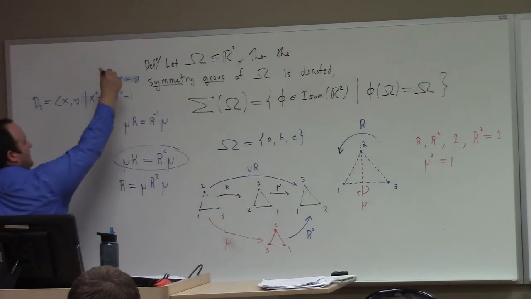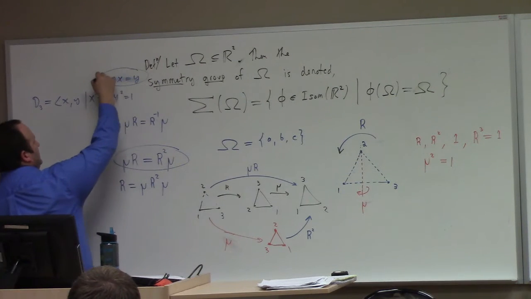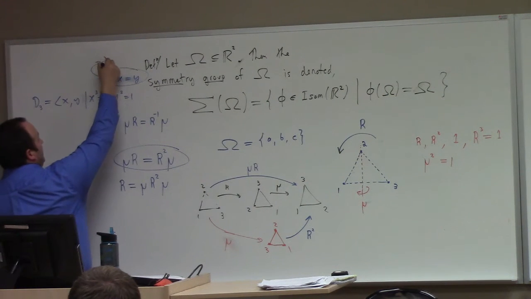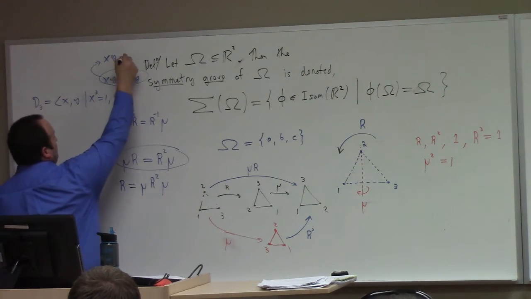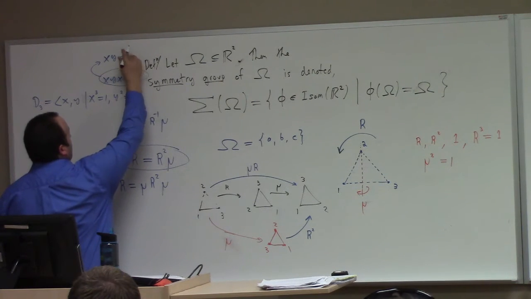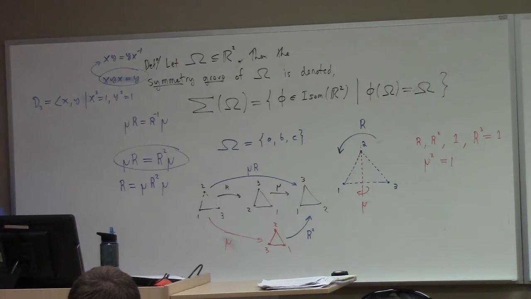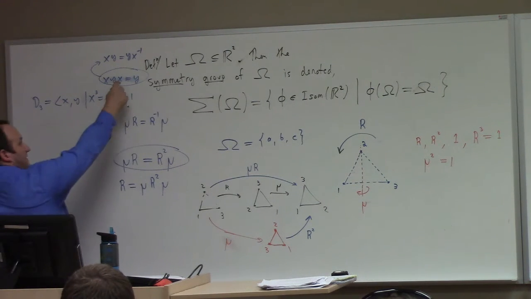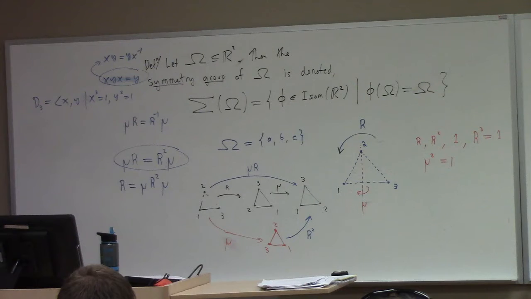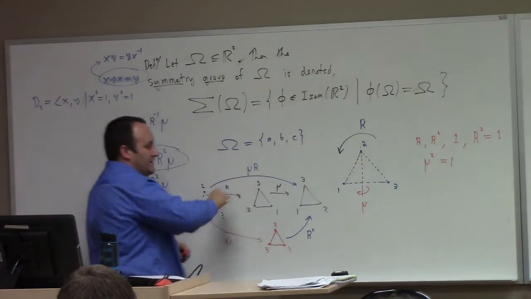Anyway, the point is, the relation that I derived was this. That relation, that when you pass the rotation past the reflection it becomes the inverse, is essentially equivalent to this condition.